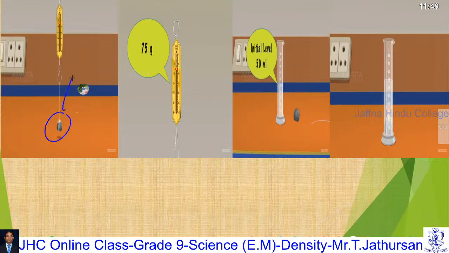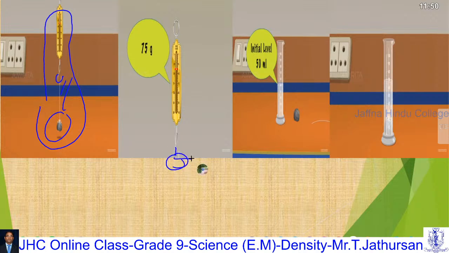Now weigh the stone using the spring balance by looping the free end of the twine to the spring balance and suspending the spring balance vertically. The mass of the stone is 75 gram.